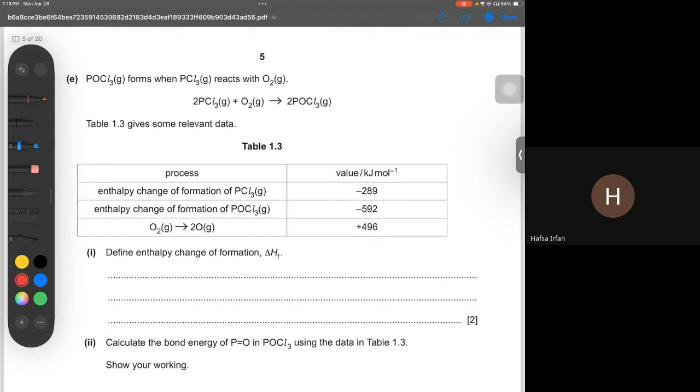Then POCl3 forms when PCl3 reacts with O2. Table 1.3 gives some relevant data. Define enthalpy change of formation, that is delta Hf.